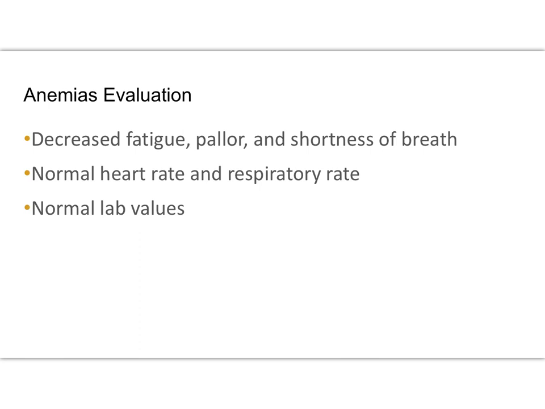All right. So we're going to watch those lab values, see if they're going up, see if they're normalizing. Typically, 1 unit of packed red blood cells should raise my hemoglobin by 1.